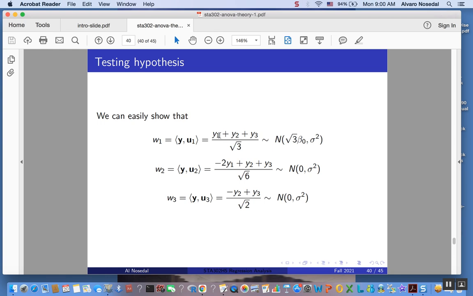So we have a sum of normal random variables. So the distribution of that sum is going to be normal again. Now let's find the expected value and the variance. We're going to show that for the first weight, the mean is given by this expression and that the variance is sigma square.